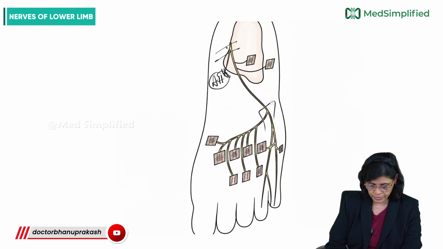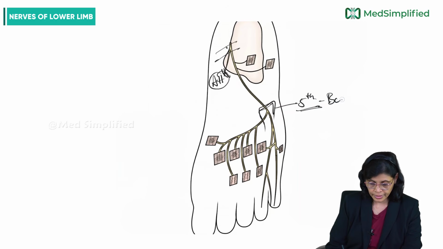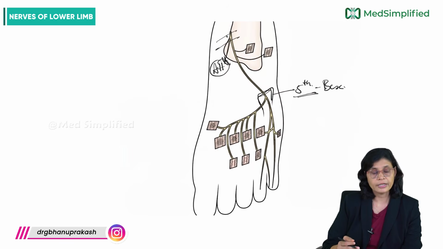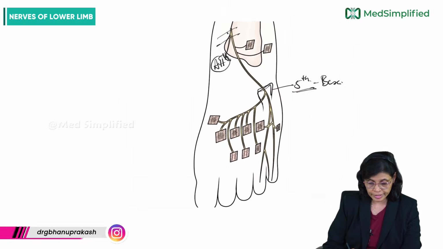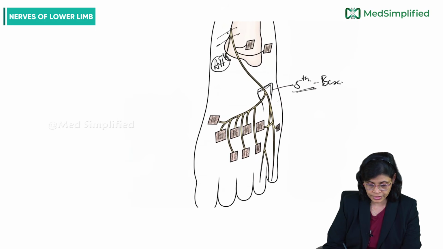Here the nerve runs between the first and second layers of muscle, reaching between the flexor digitorum brevis and the abductor digiti minimi.